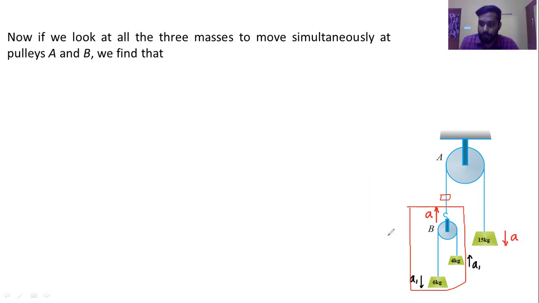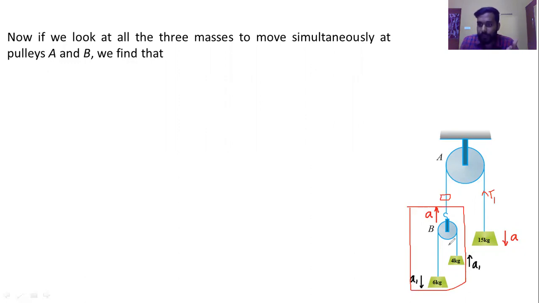So 6 plus 4 is 10 and 15 is here. The 15 kg block is moving downwards and the whole block is moving upwards. The tension in this string is T1, and the acceleration of this single system is A. We found that acceleration and tension.